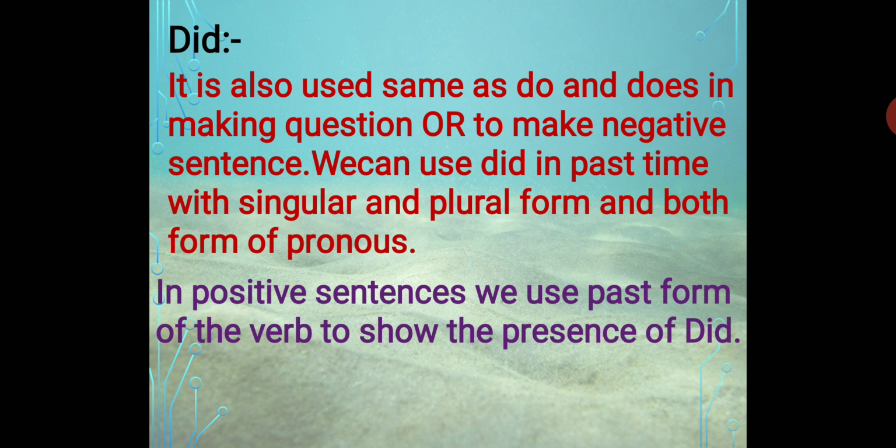To show the presence of does, we add s, es and ies to the verb, right? We write the root form of the verb with the noun for showing the presence of do. And in case of did, what can we do? We use the past form of the verb.